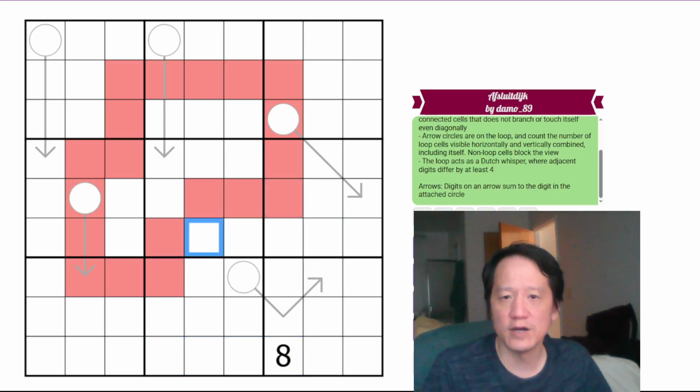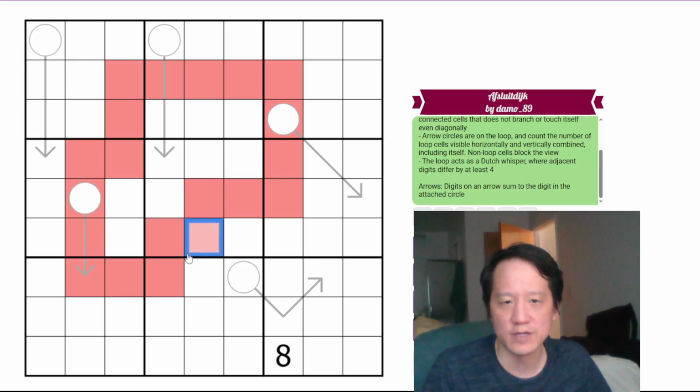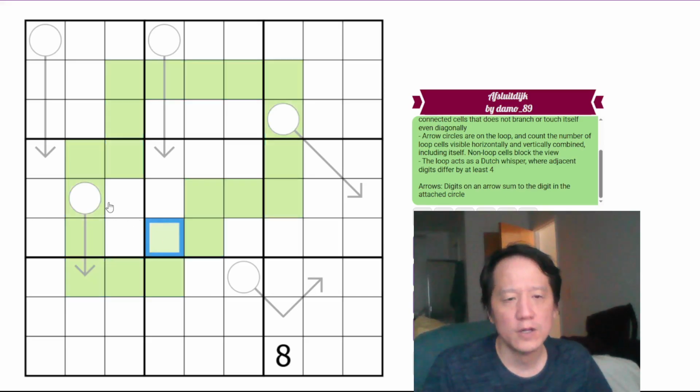We also have arrow circles on the loop, which count the number of loop cells visible horizontally and vertically combined, including itself, and non-loop cells block the view. So for example, if this were a valid loop, this would see four cells, because it would see this cell, this cell, this cell, and this cell.